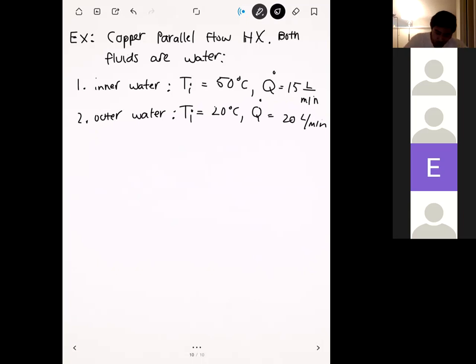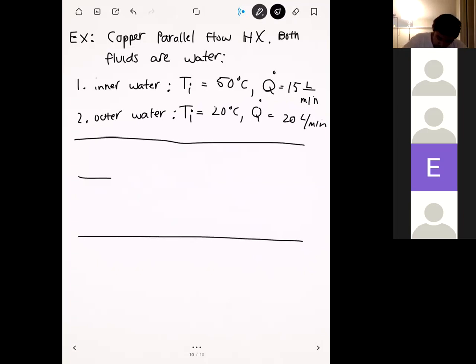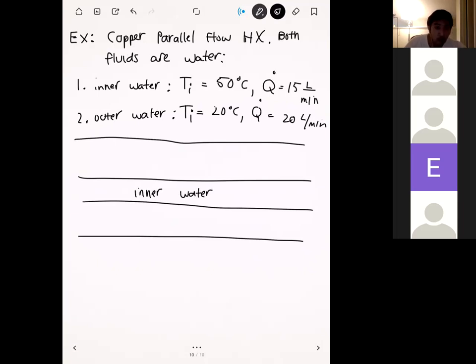All right, let's draw the geometry so you can see. There we have the inner water, and out here we have the outer water.